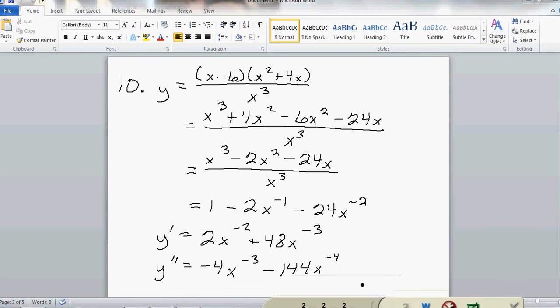Now that is our second derivative, but it's not in an acceptable form, so just rewriting this into its acceptable form, negative 4 over x cubed minus 144 over x to the fourth. And there is the second derivative of that mess. It doesn't really have any inclination or resemblance, to me at least, to its original, which is okay. But yet that's problematic for some students.